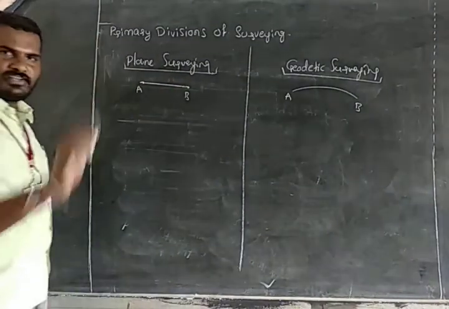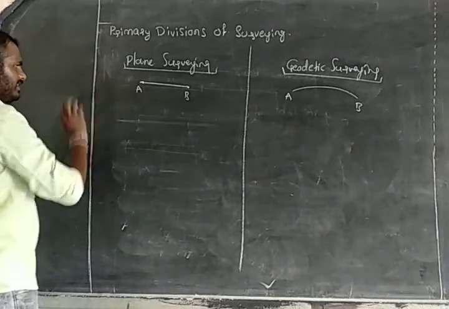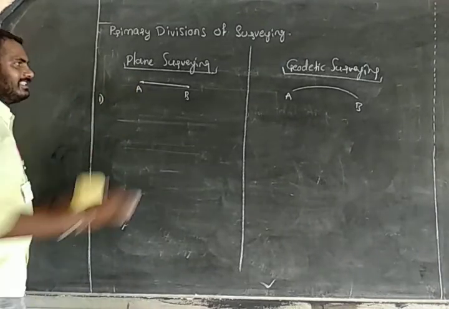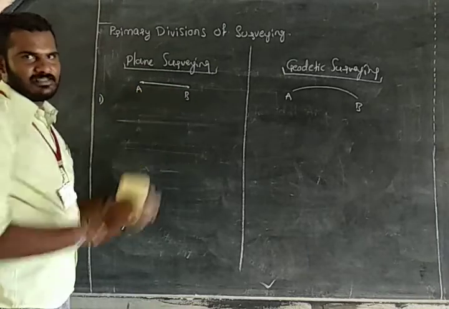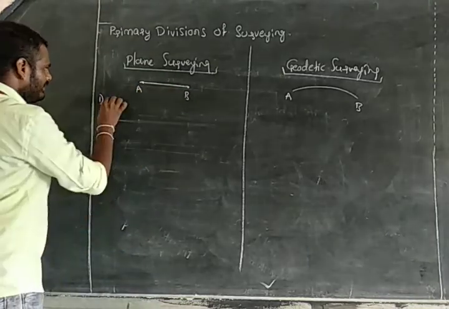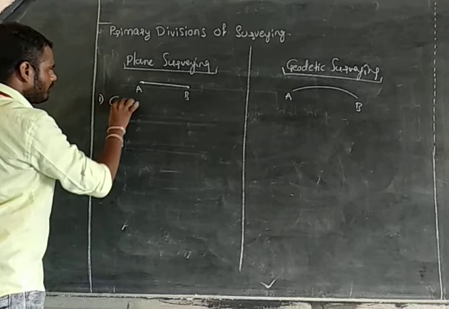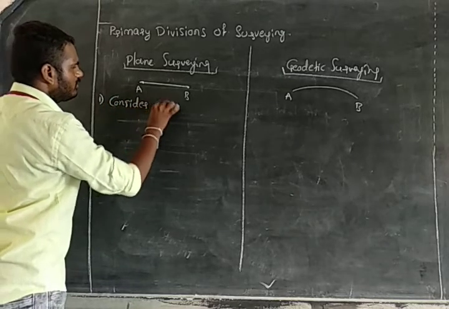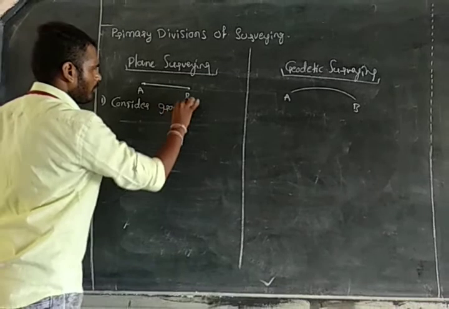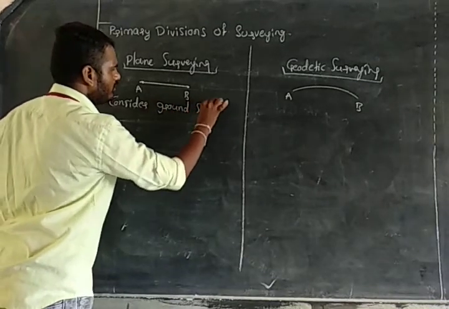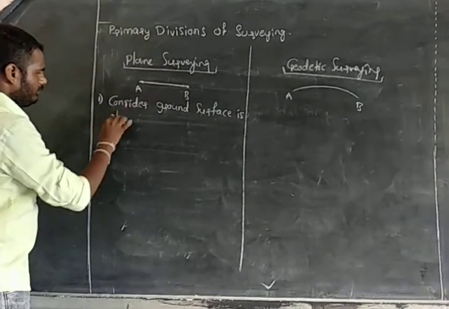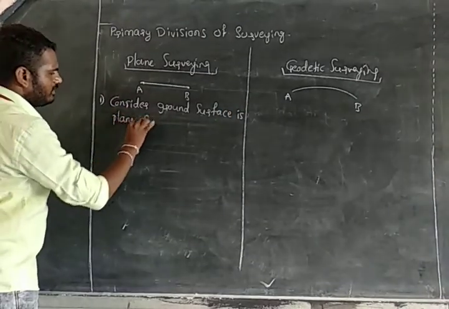The first difference is that in the first case, we consider the ground surface to be a plane surface.